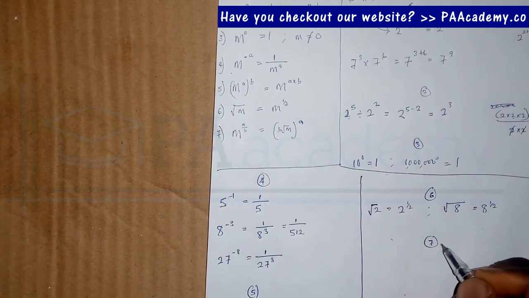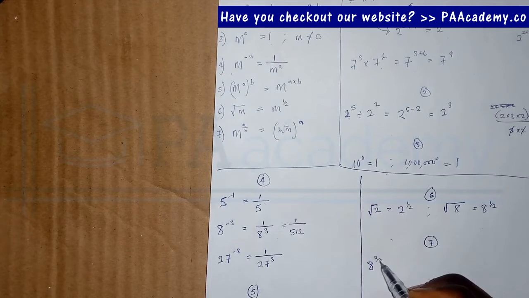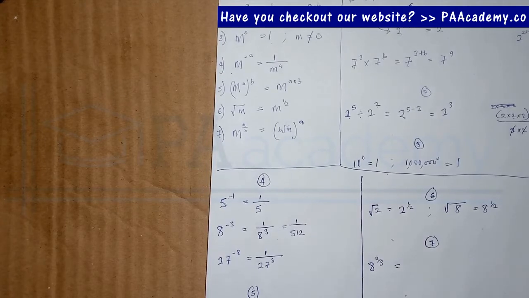So for the next one, if you have 8 raised to power 2 over 3, you might be looking at this and wondering how to solve it. But with indices there is a simpler way.